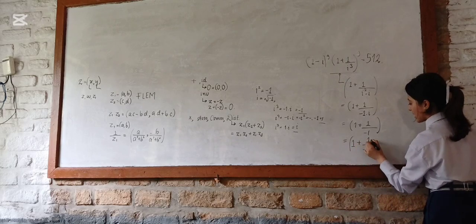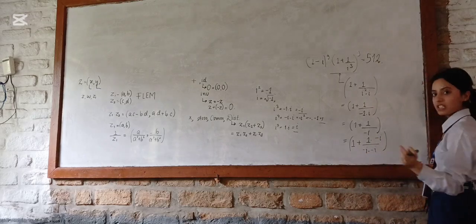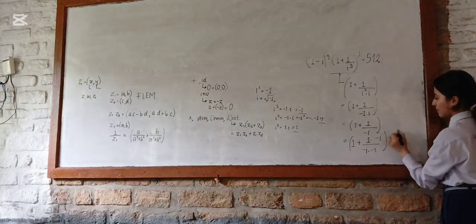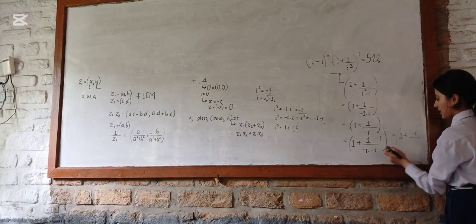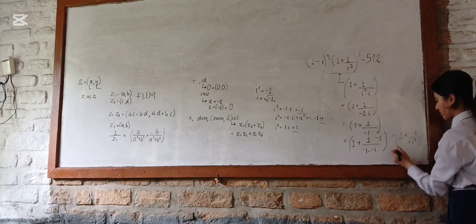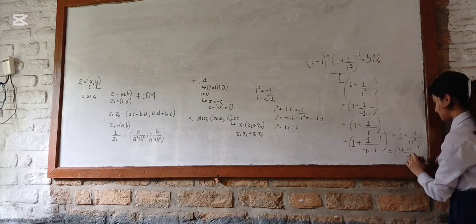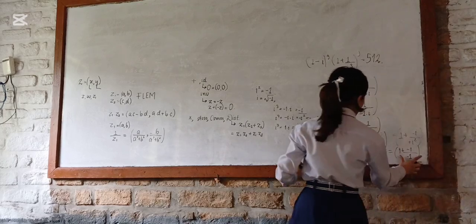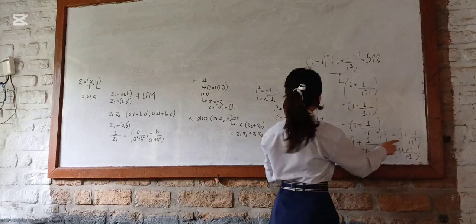We can multiply both denominator and numerator by -i. So it will be 1 plus -i over i squared, and i squared is -1. So after this, it will be 1 plus i.